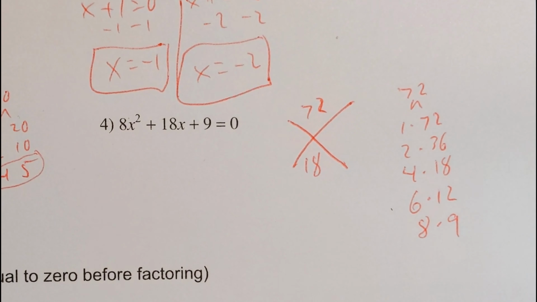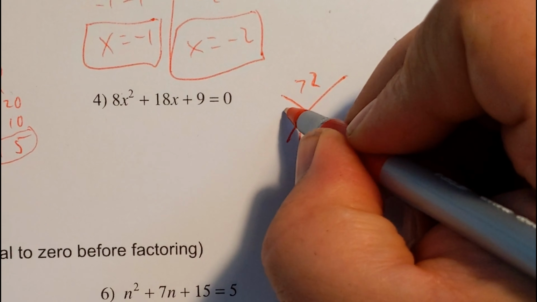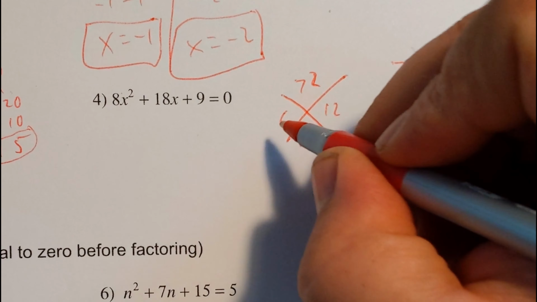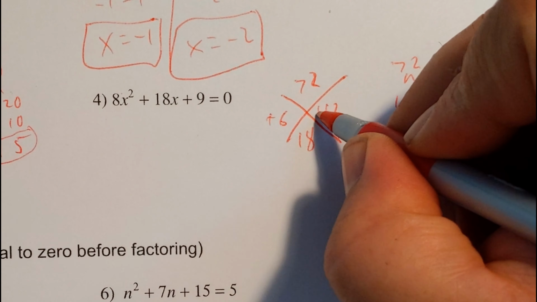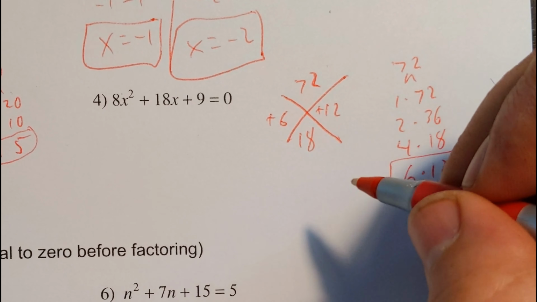And if we're looking through here, 12 and 6 add up to make 18. They're both positive, so that they multiply to make positive 72. They combine to make a positive 18.